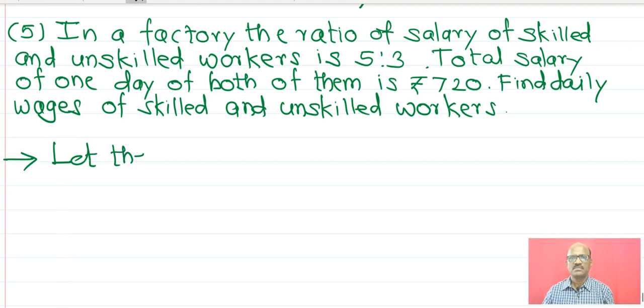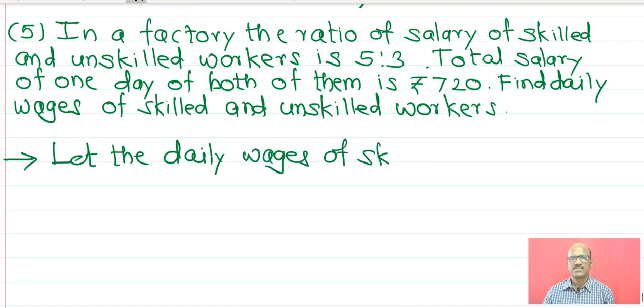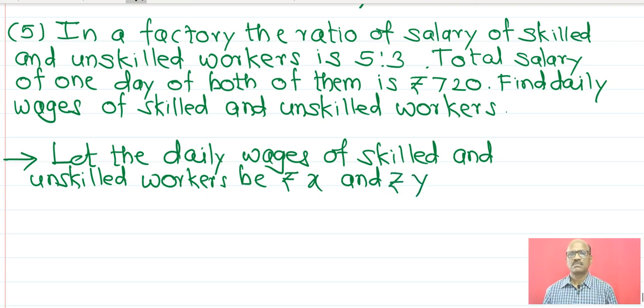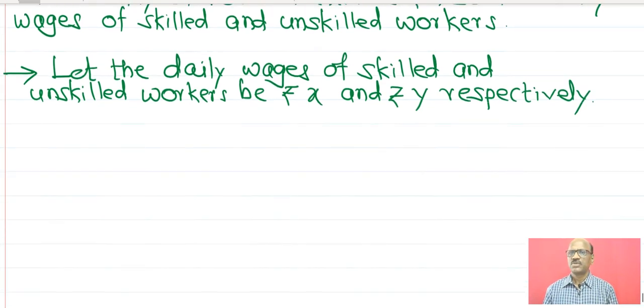Here, let the daily wages of skilled and unskilled workers be rupees x and y respectively.